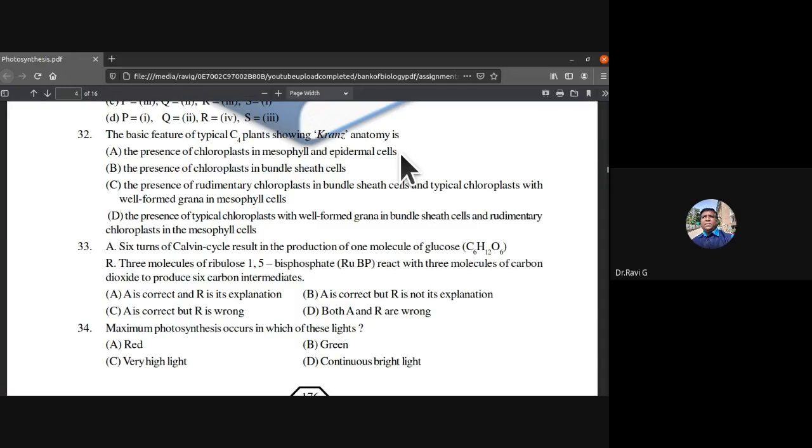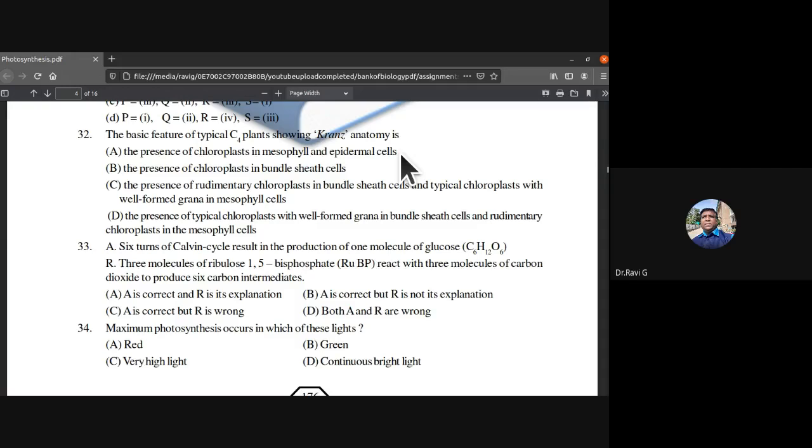In the mesophyll cells, they undergo the C4 pathway, they have PEP carboxylase, and in the bundle sheath cells they have the C3 pathway. Bundle sheath cells have the Rubisco enzyme. So bundle sheath cells have agranal chloroplast and mesophyll cells have granal chloroplast.